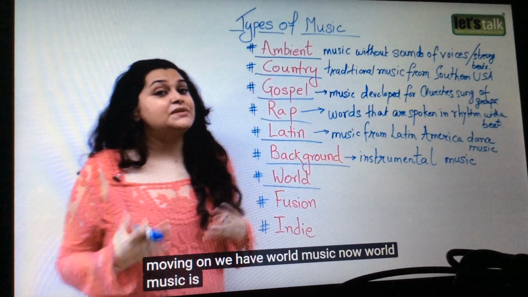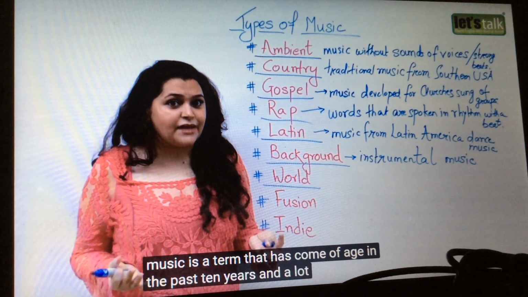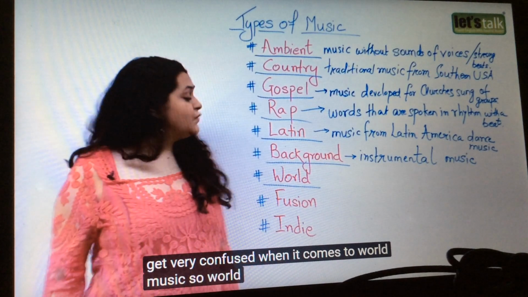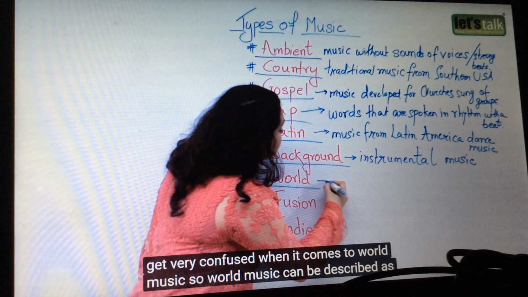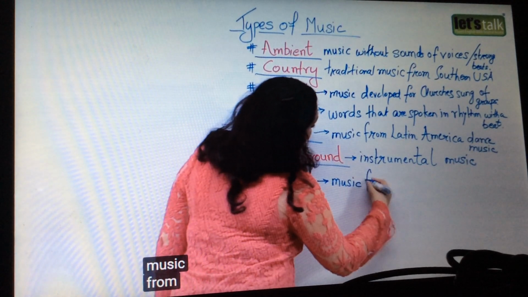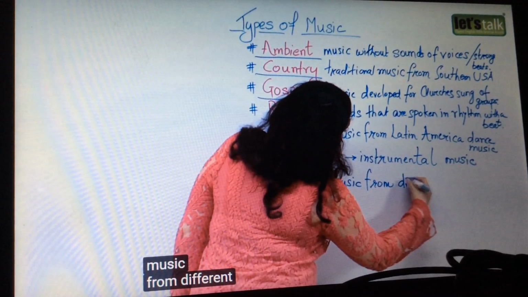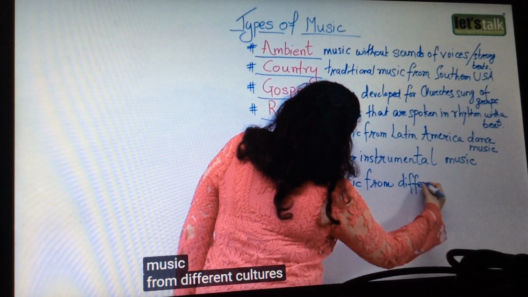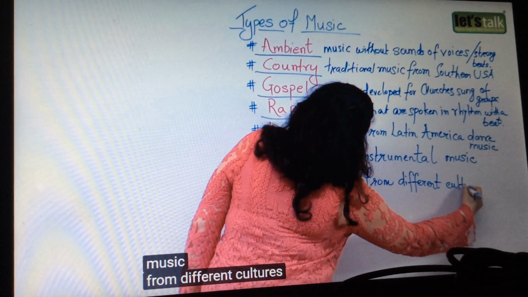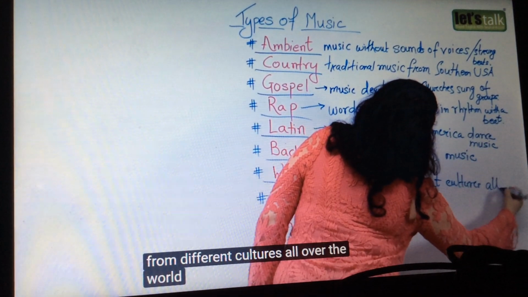Now world music is a term that has come of age in the past 10 years, and a lot of people get very confused when it comes to world music. So world music can be described as music from different cultures, all over the world.